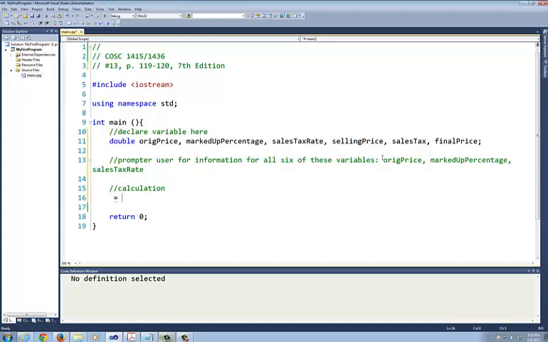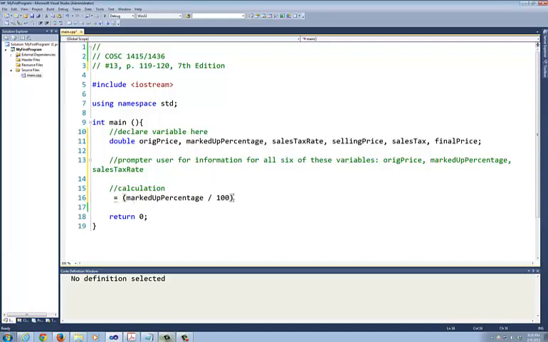We want to look at the original price, which is this. Let's do the first part, it's easy. Let's take the markup percentage right here. I want to divide this by 100, and I'm going to put that in parentheses first, so we will handle that first.